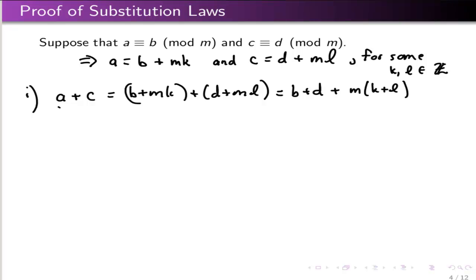So a plus c and b plus d differ by a multiple of m, which means they are congruent, since k plus l is an integer.